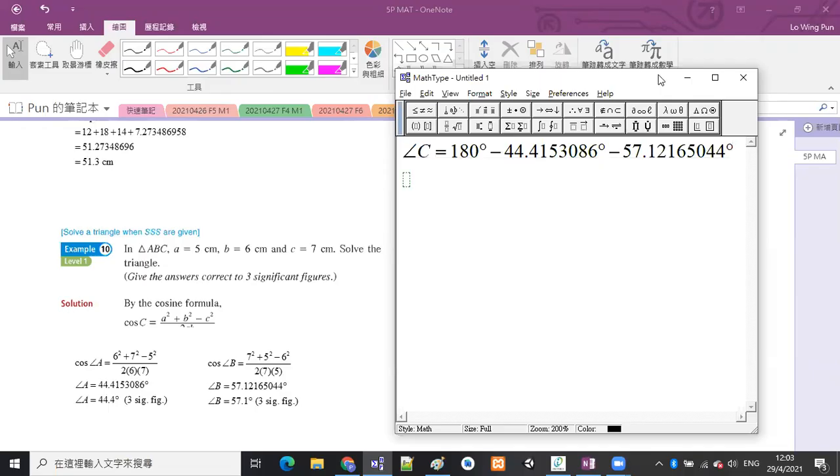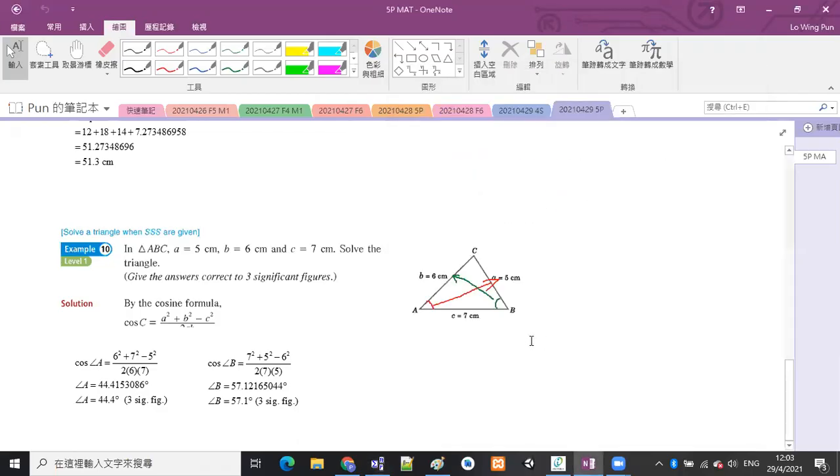Yes. 78.46304096 degrees. Okay, and this is the answer. So we may correct this to 3SF, 78.5 degrees. 3 significant figures. Okay, so that is the answer. Here, solve the triangle means to find all the remaining unknown lengths or angles.